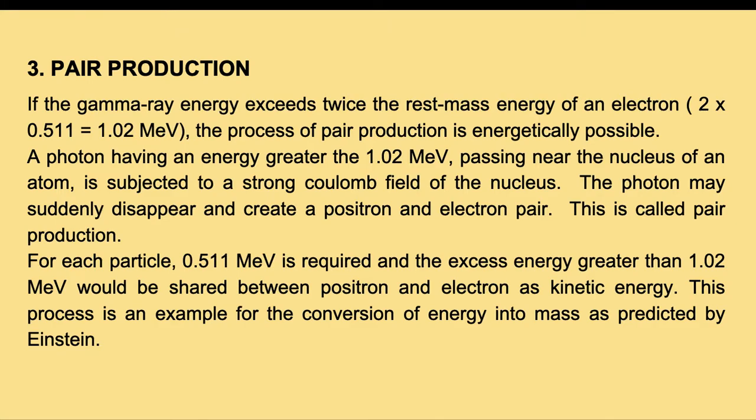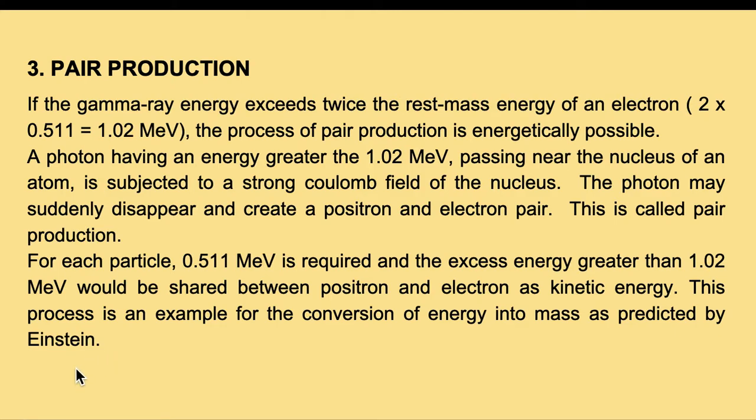So it is creating a pair of electron and positron, that means a matter-antimatter pair. For each particle, 0.511 MeV is required, and the excess energy greater than 1.02 MeV would be shared between the positron and electron as kinetic energy. And this process is an example of the conversion of energy into mass as predicted by Einstein.